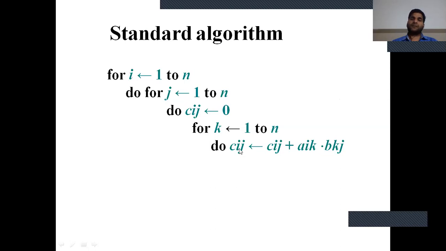Then we find the C matrix value: Cij equals Cij plus aik dot bkj. Next k is incremented, then we find the value of the next entry. So the cost of this matrix multiplication equals theta of n cube.